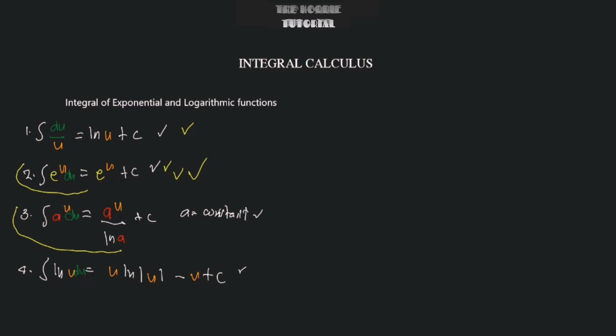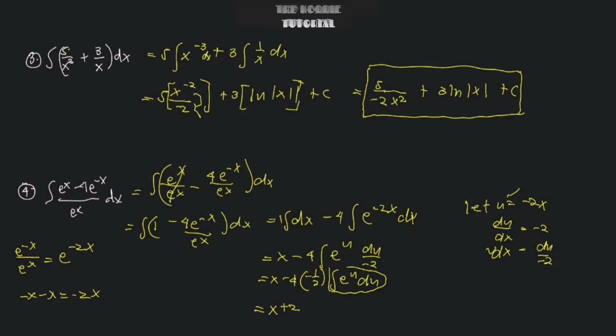The integration of e^u du is just equal to e^u plus C. Since we already have that, we can now substitute the value of the original u. That will become x plus 2e raised to negative 2x plus C. So this would be our final answer for example number 4.